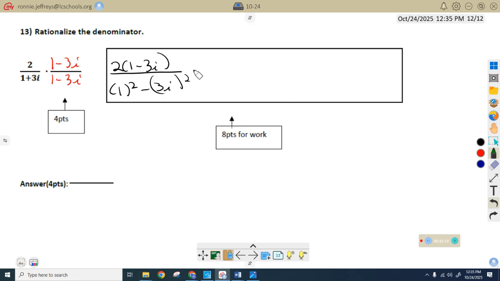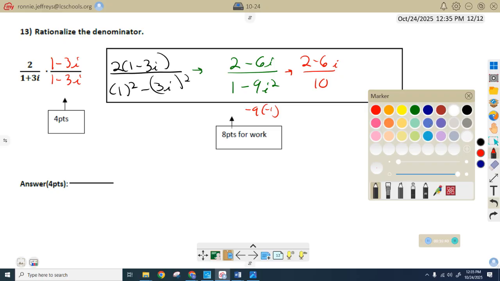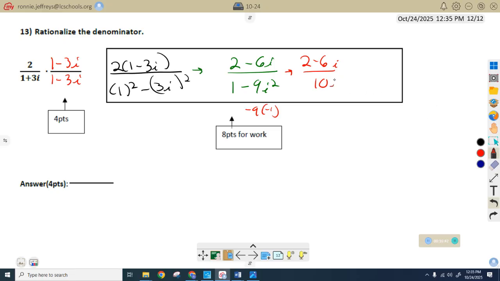So this becomes 2 minus 6i over 1 minus 9i squared. 2 minus 6i over, so negative 1, 10. And we could divide a 2 out of everything. Divide by 2. 2 divided by 2. So this would be 1 minus 3i over 5.